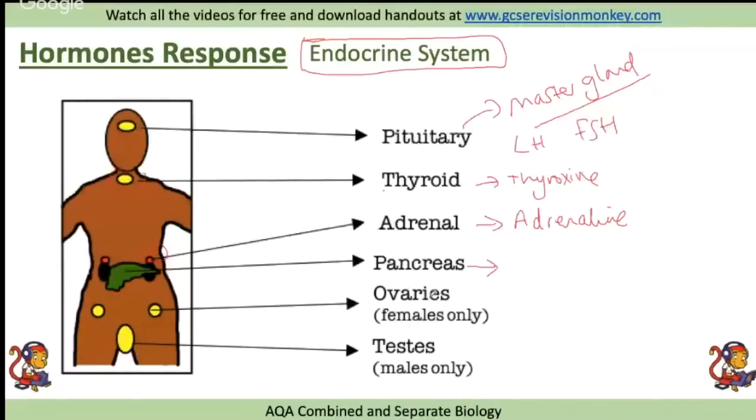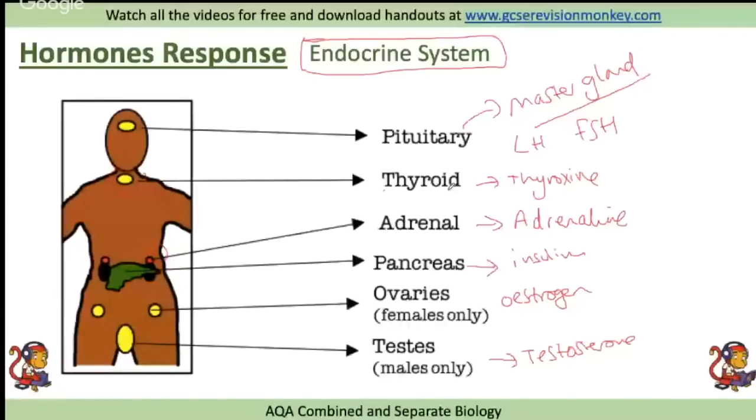So hormones such as insulin, for example. The ovaries produce estrogen and progesterone, and the testes in males produce testosterone. So you might be asked to label a diagram or say what is released by each of these glands, remembering that it is the endocrine system.